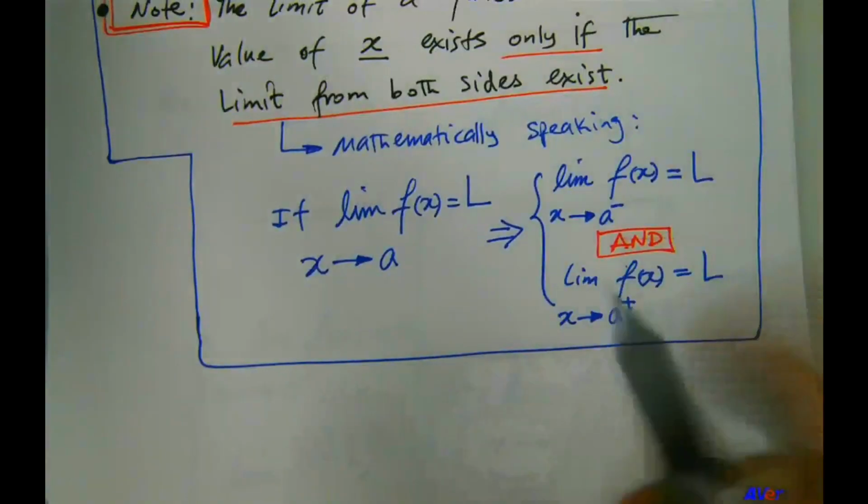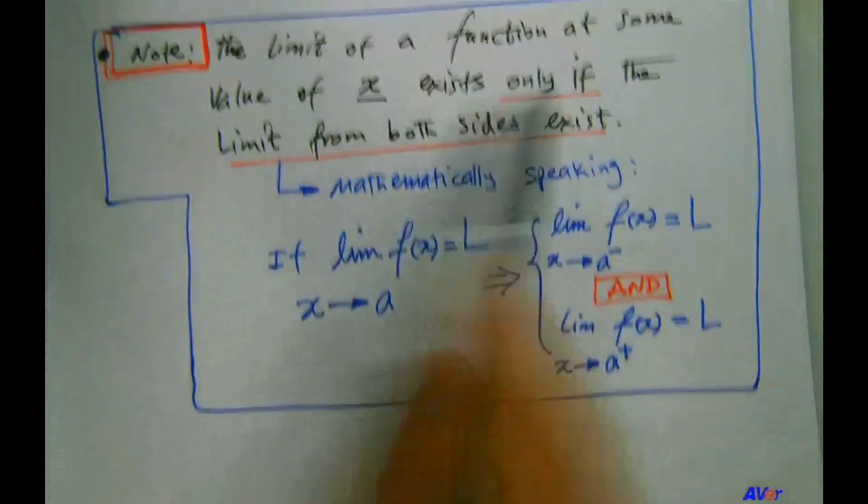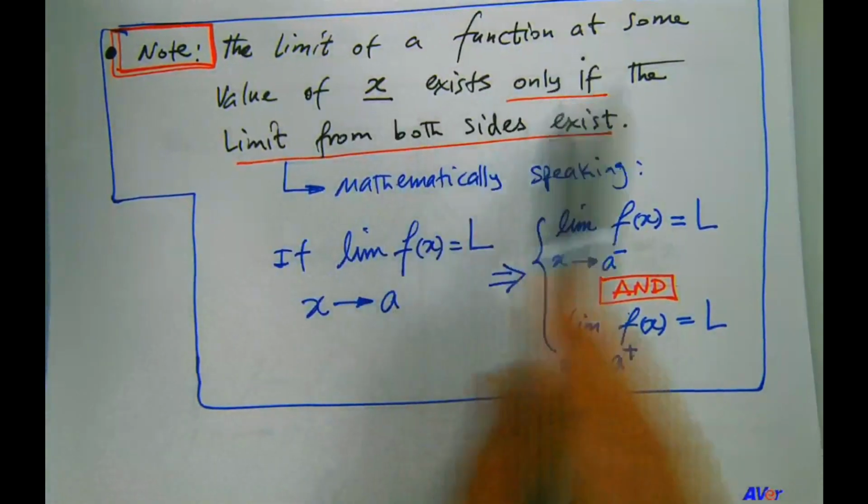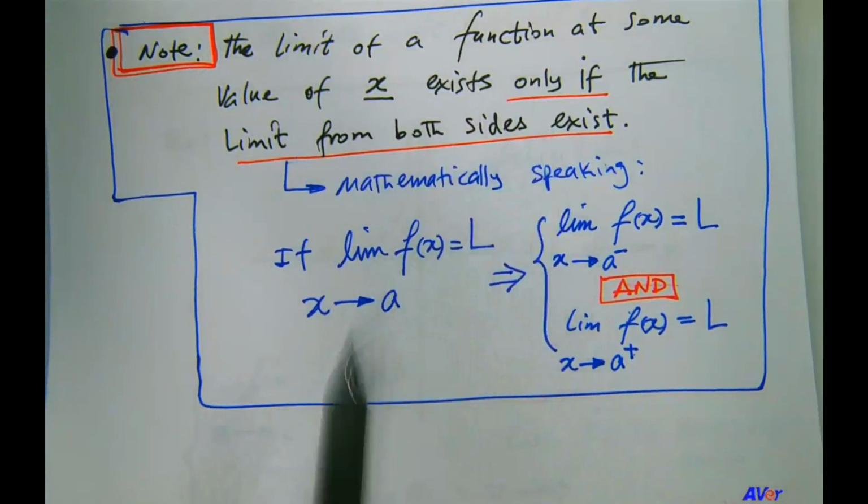Okay, so let's look at another case. I want to remind you, earlier we said, I want to bring back this slide, that the limit of a function at some value of x exists only if the limit from both sides exists.